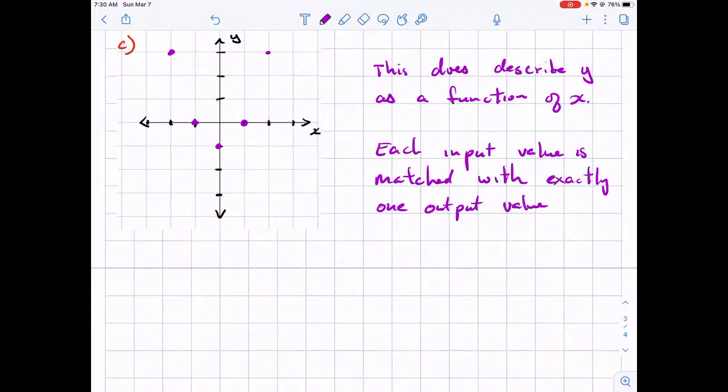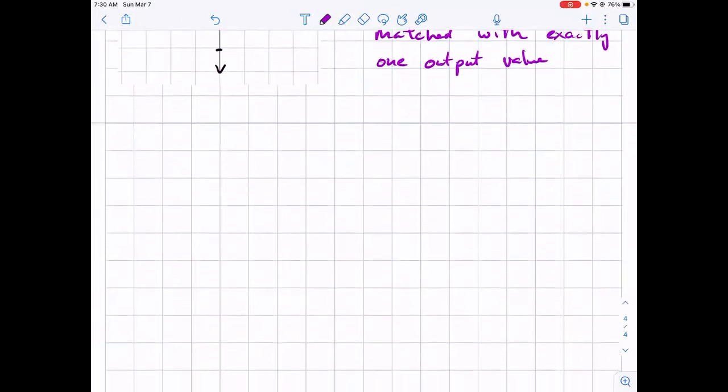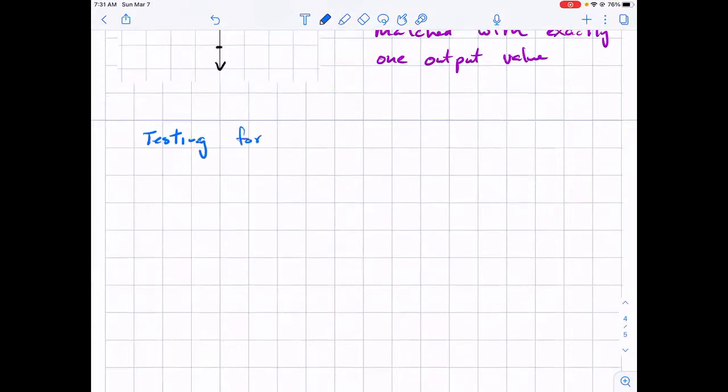Now, what happens if we look at the algebraic way? So how do we test? Let's look at testing for functions algebraically.